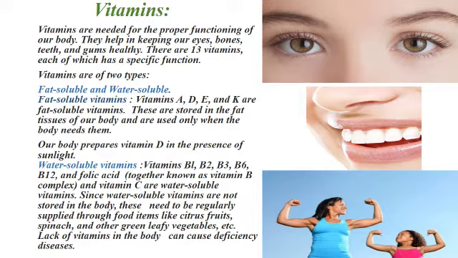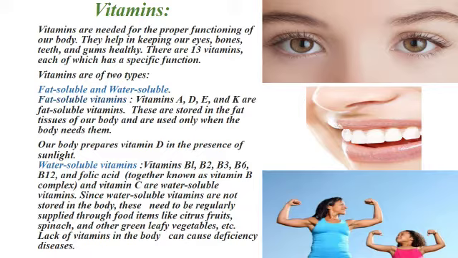Vitamins like B1, B2, B3, B6, B12 and folic acid, together we call it the vitamin B complex, and also vitamin C are called water soluble vitamins. Since water soluble vitamins are not stored in the body, these need to be regularly supplied through food items like citrus fruits, spinach and other green leafy vegetables.